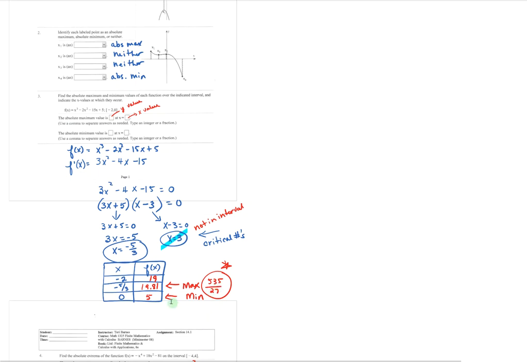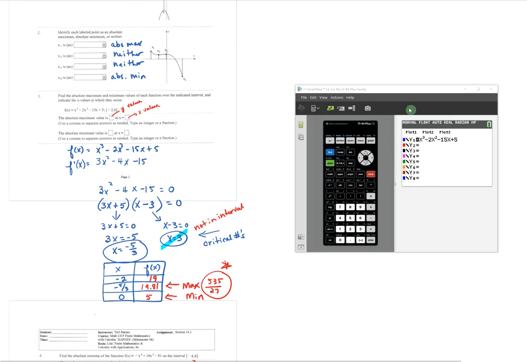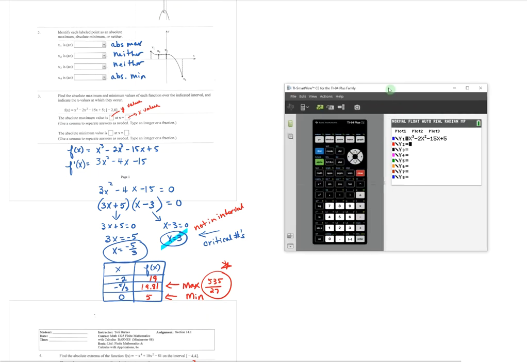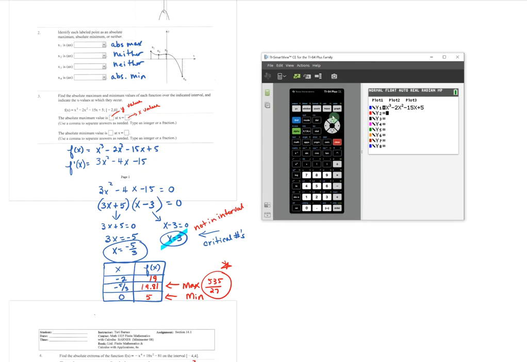Now, there's maybe another little trick to help you in doing this on the calculator. Okay, so I pulled up my calculator here, and I went to y equals, and I put this in here. So where we're plugging these in is in the original, so I put the original there.